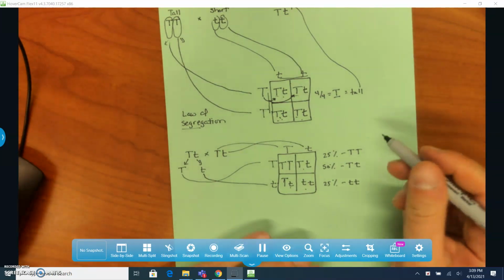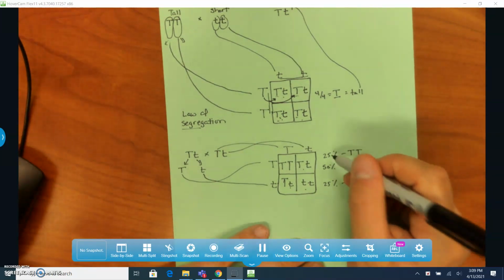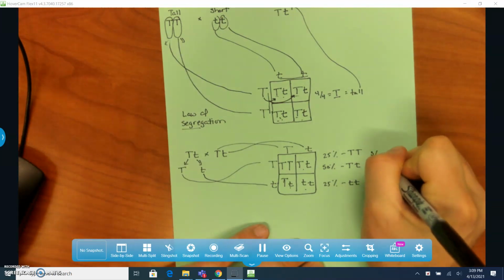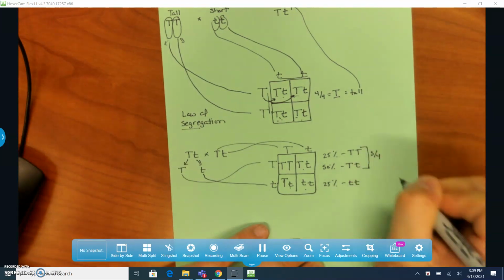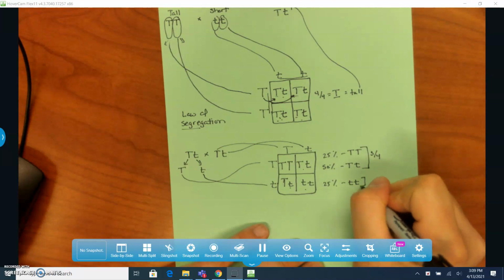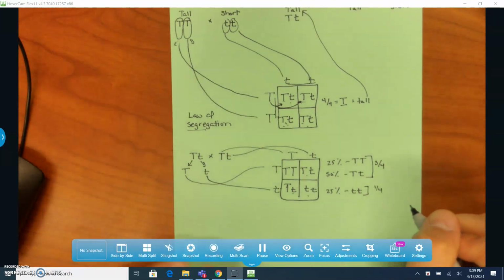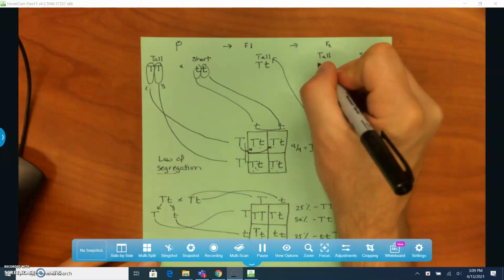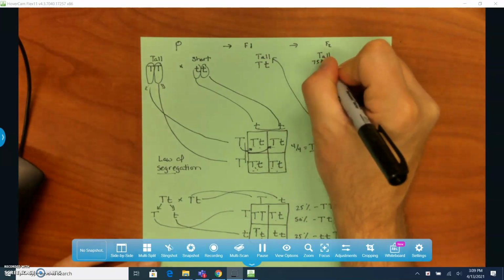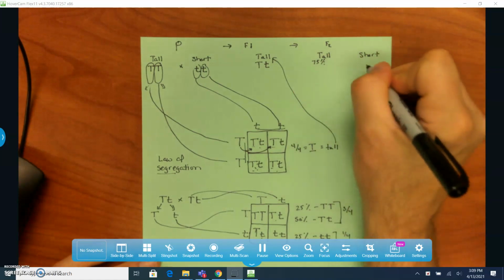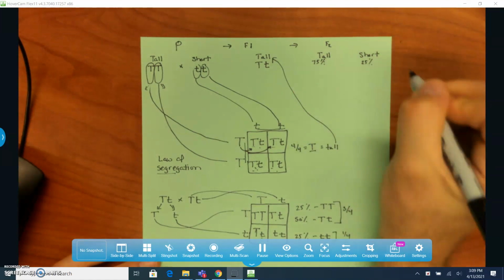So that is showing me that 75%, or 3 out of 4, will be tall, and 1 out of 4 will be short. And that's what Mendel found: tall, 75%, short, 25%.